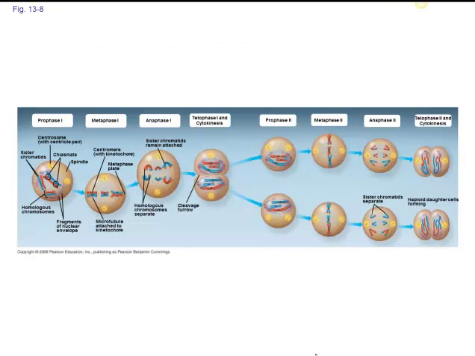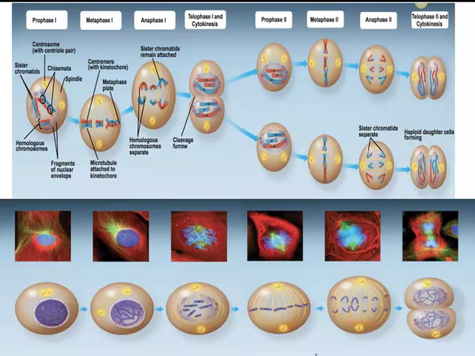Okay, this is in summation the entire process. This is a comparison between mitosis and meiosis. If you notice, in the prophase of meiosis they are arranged as tetrads, whereas in mitosis they are not arranged as tetrads. Here there is crossing over, there is no crossing over in mitosis.